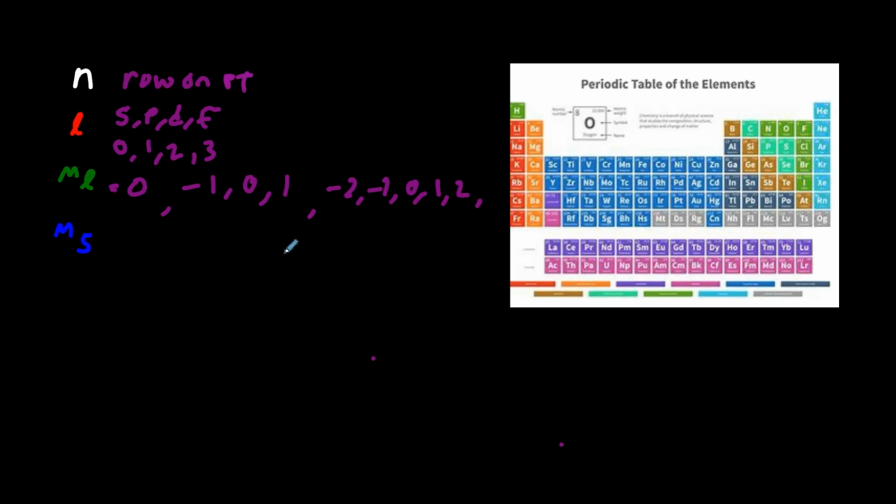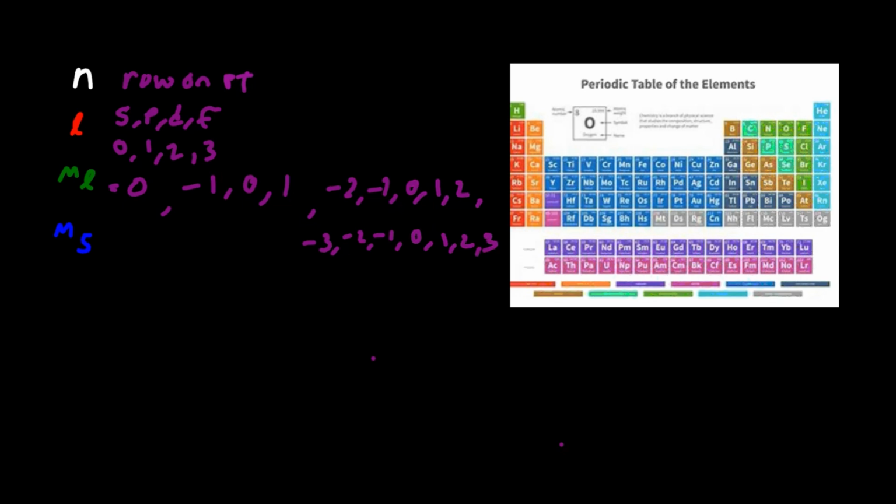And the pattern continues. For F, we can have -3, -2, -1, 0, 1, 2, and 3. So these represent all the different positions of the orbitals.